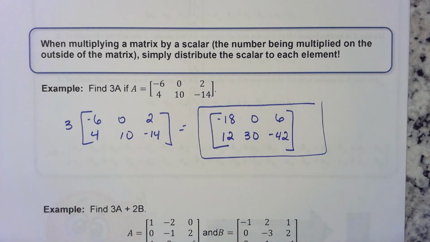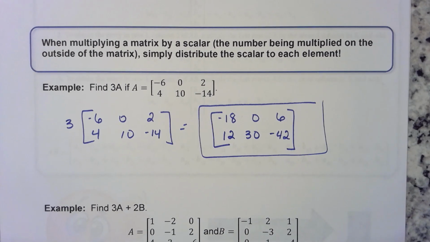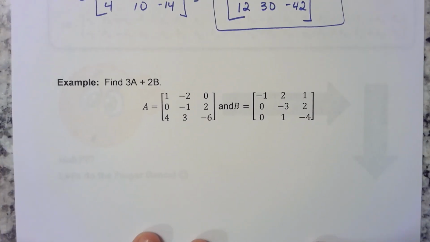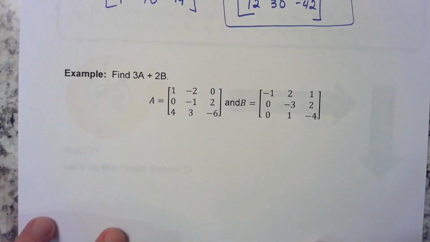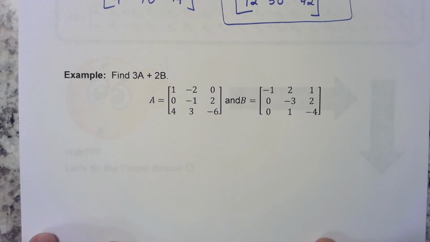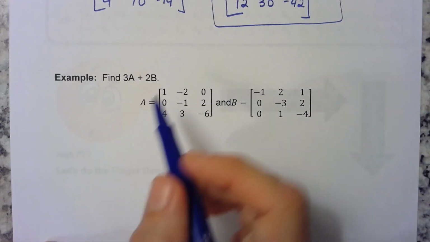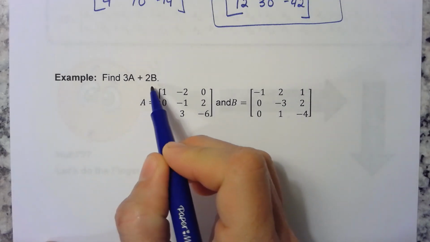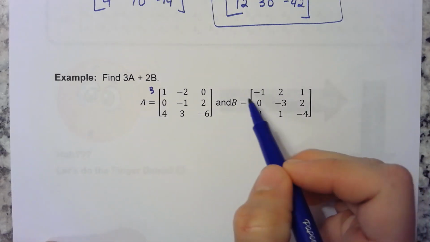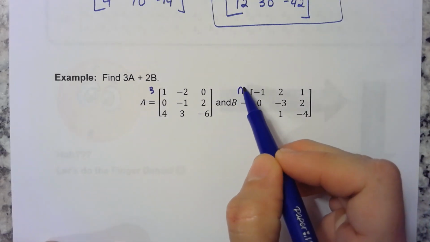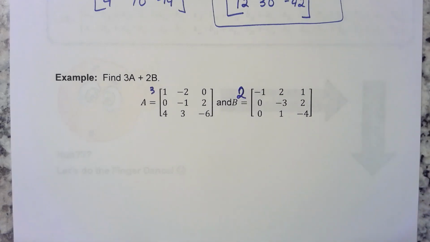Okay, so let's put all of that together in one problem. We have 3 times A plus 2 times B. So we're going to multiply all these by 3 and add it to whatever we get when we multiply all of these by 2. Alright, so multiply everything in A by 3.